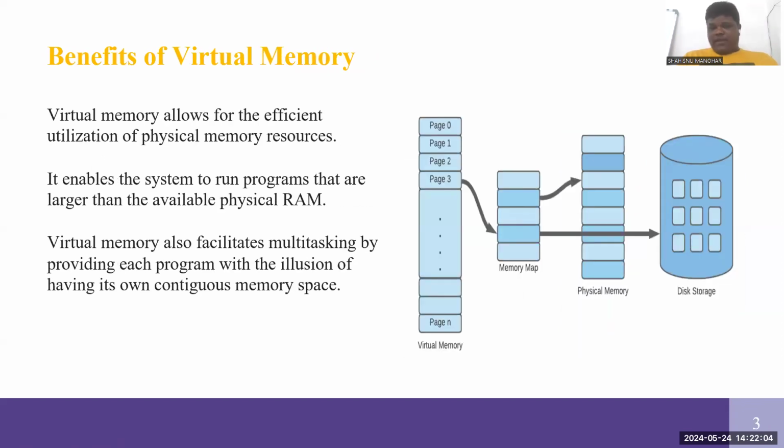Benefits of virtual memory. Virtual memory allows for efficient utilization of physical memory resources. It enables the system to run programs that are larger than the available physical RAM. Virtual memory also facilitates multitasking by giving each program the illusion of having its own contiguous memory space.